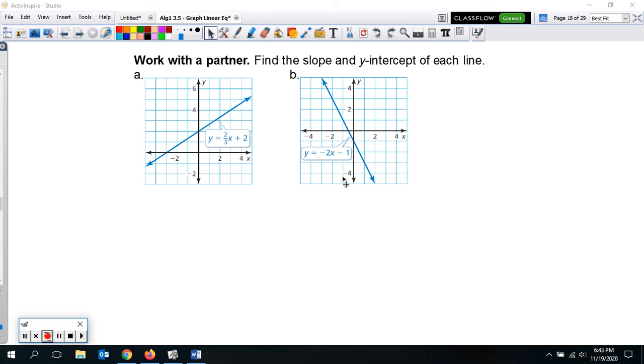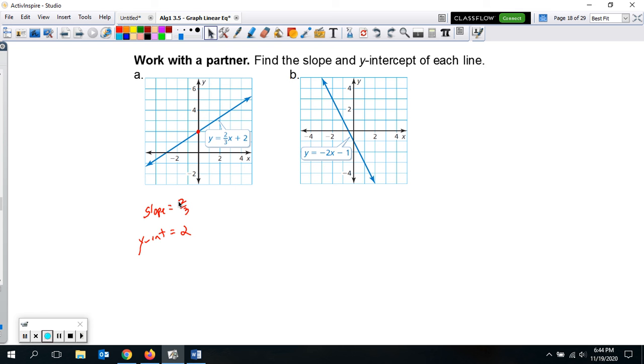Okay, so for A, you can just see on y equals mx plus b right here, your slope is 2/3, your y-intercept is positive 2. If you plot the points, go ahead and do that with me. This is how, if we didn't have the line and we needed to graph it, we would start with our y-intercept, plot the y-intercept as positive 2, so there's 2 on the y-axis, and then we would use the slope to give us the directions to find another point.